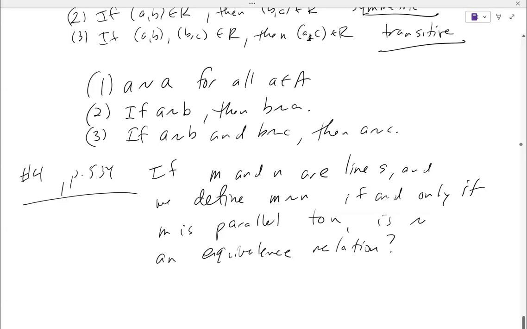So let's just talk about whether or not this would be an equivalence relation. Part of it depends on what you mean by parallel. So let's do the symmetric and the transitive first.